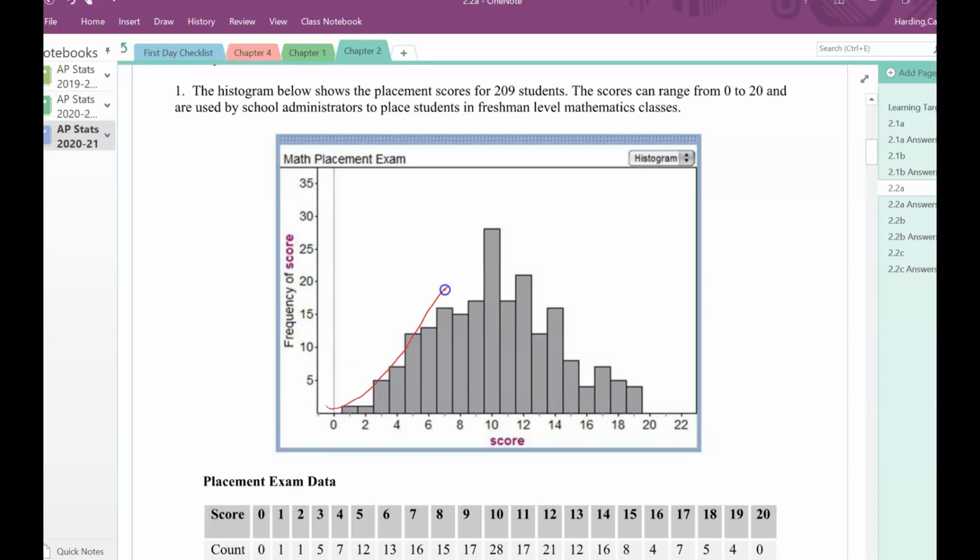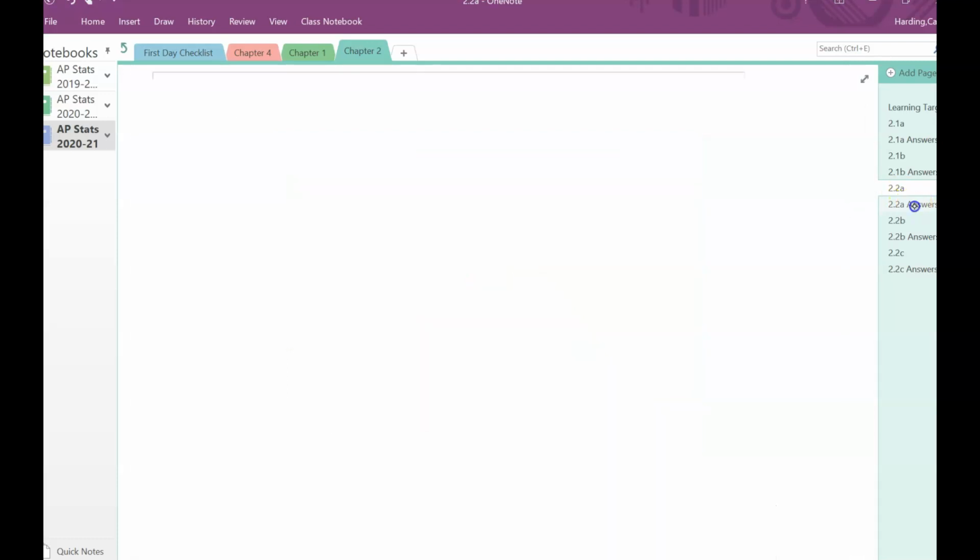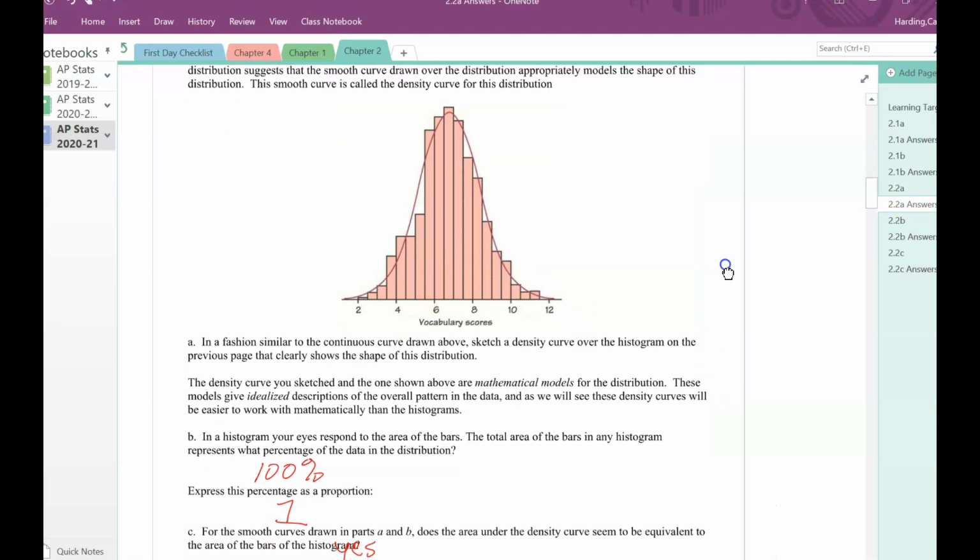We might go here and here. And you'll notice that my curve that I've drawn isn't a perfect fit. It certainly doesn't go all the way up to the top of that top bar, but this is just a model that we can use to work with the distribution and to make predictions about the distribution. All right, let's go back to the second page.